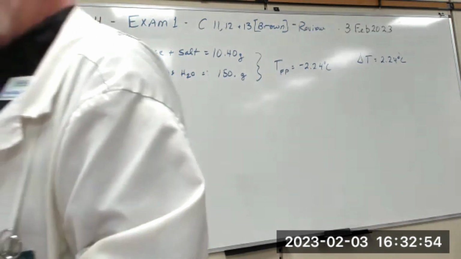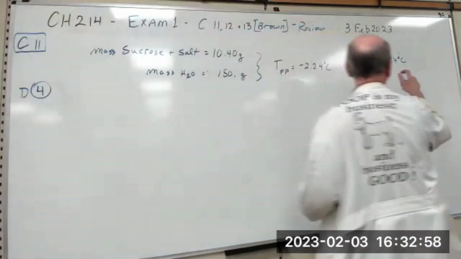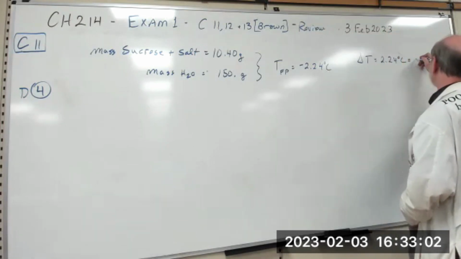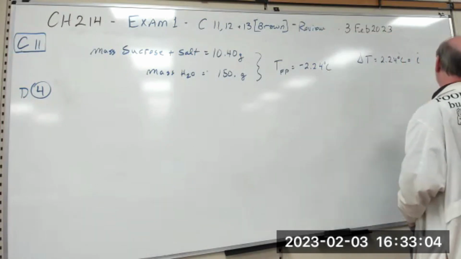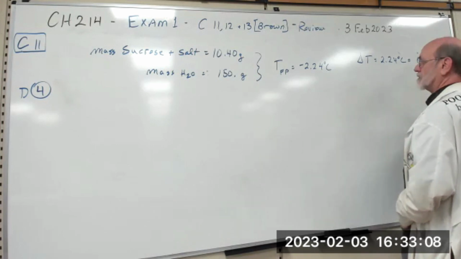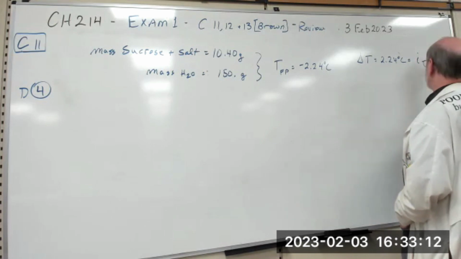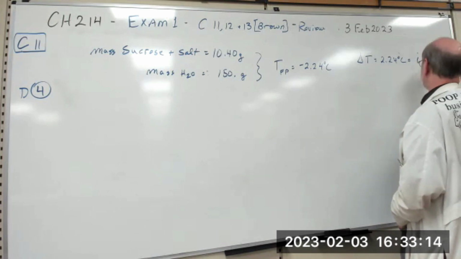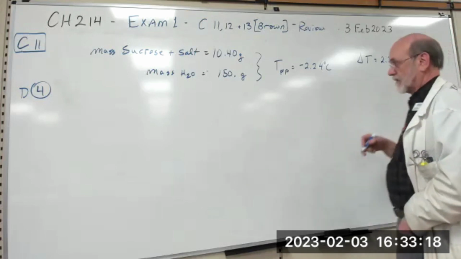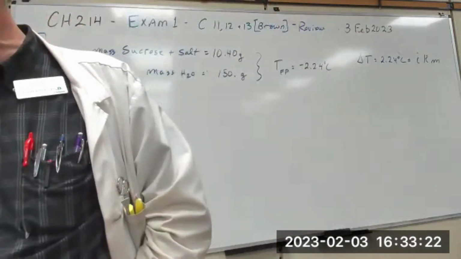Okay, so what we're looking at is this equation, and this is equal to the van 't Hoff correction times K for water times the molality. Right? But we don't know the molality yet. That's just our starting point.